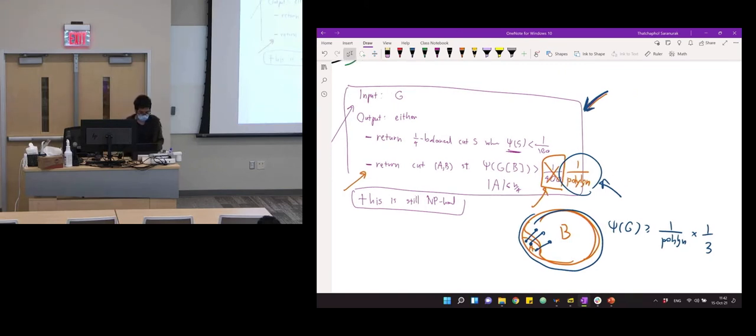Basically, the way to get this is you keep finding sparse cuts and collect them. If all of them together are balanced, then you get the first case. And if you keep finding sparse cuts, but everything that you have found so far is small, then it means that the rest is already an expander. That's the idea, but we can try to make it formal in the homework.